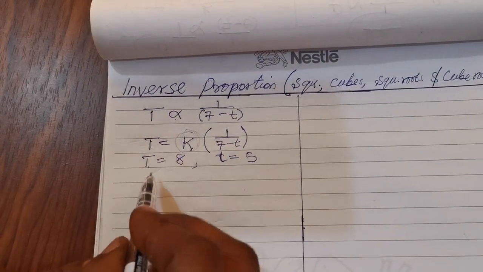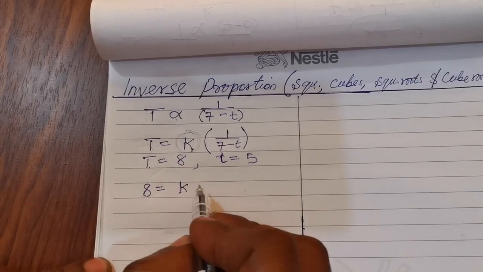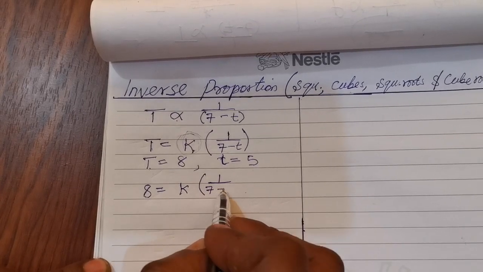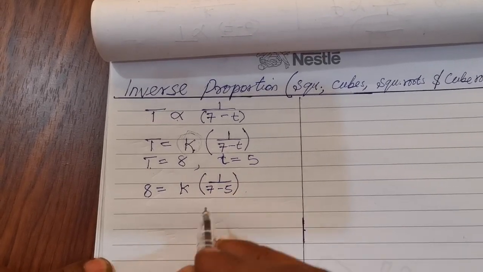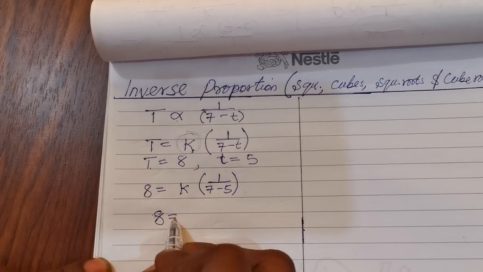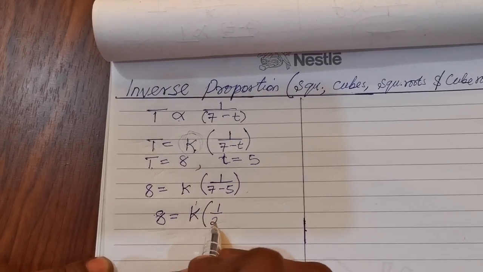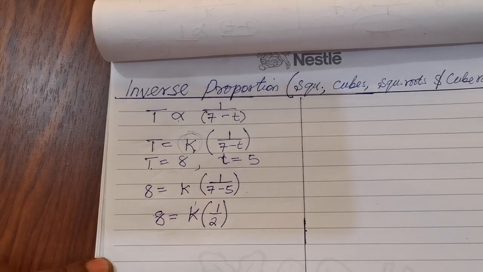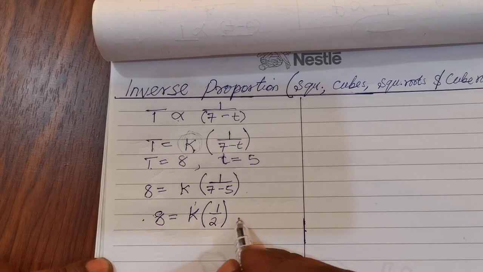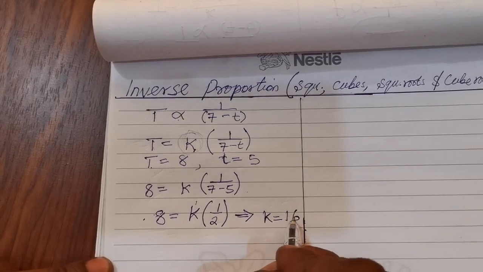So here I have 8 is equal to k into 1 over 7 minus 5, and 7 minus 5 is 2. I have 8 equal to k into 1 over 2. So if I cross multiply, 2 multiplied by 8, that means that my k will be equal to 16.